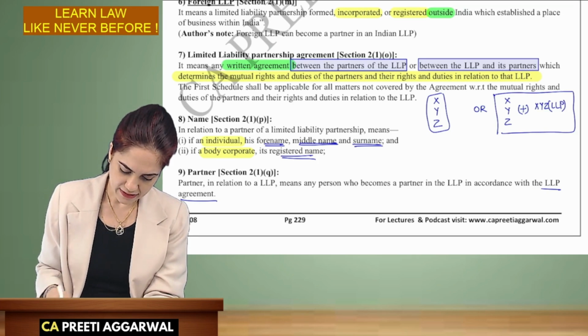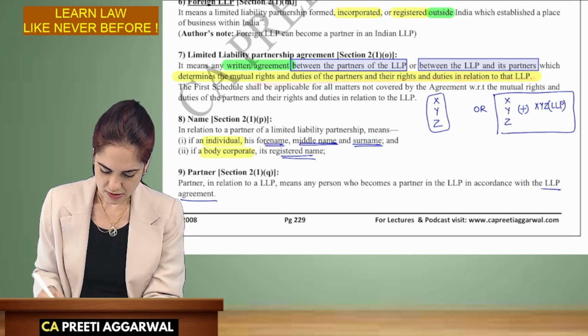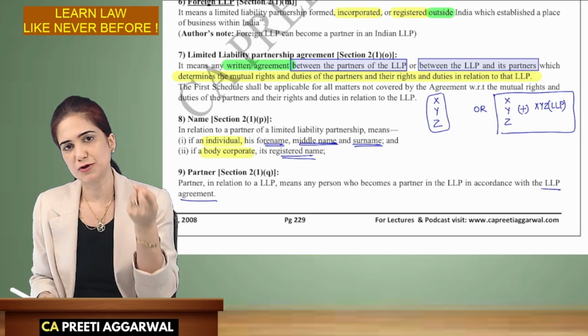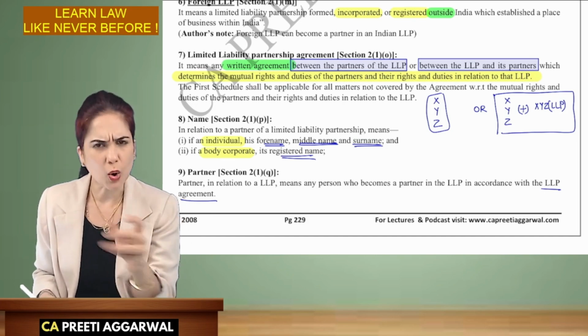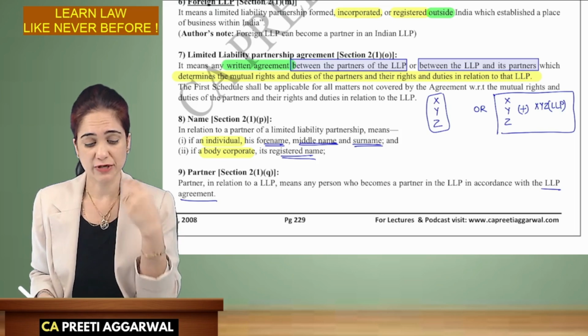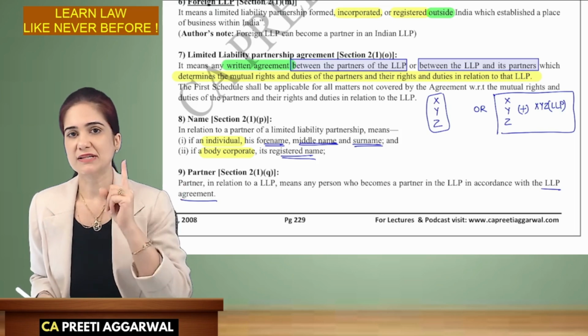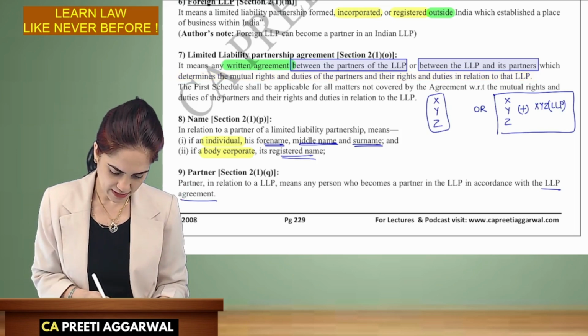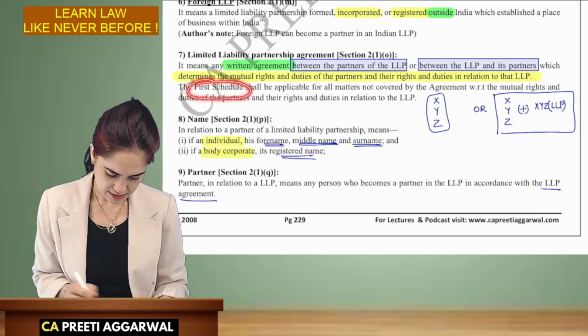It determines the rights and duties of the partners among themselves as well as the rights and duties of partners with the LLP. If you don't have any partnership agreement, the first schedule will apply. Okay, so the first schedule will apply in that case.